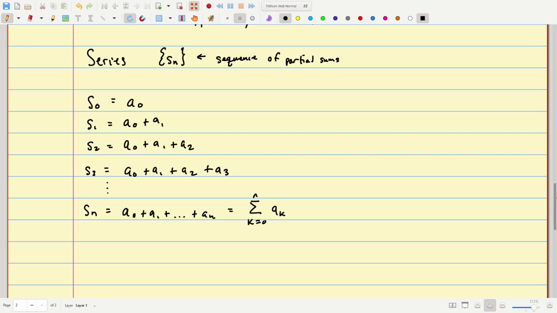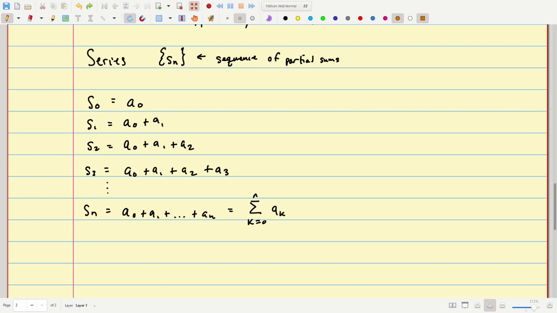We see here the part over on the right, which are summations. But on the left, this is just a sequence of numbers. All a sequence of numbers is, is an ordered list.